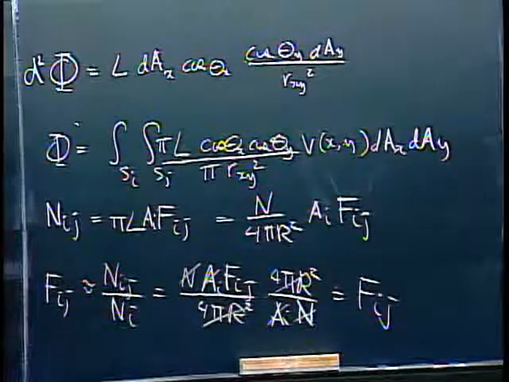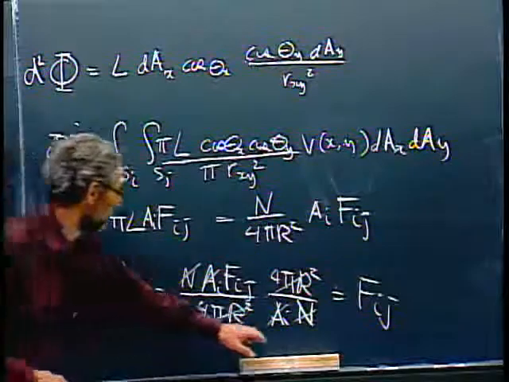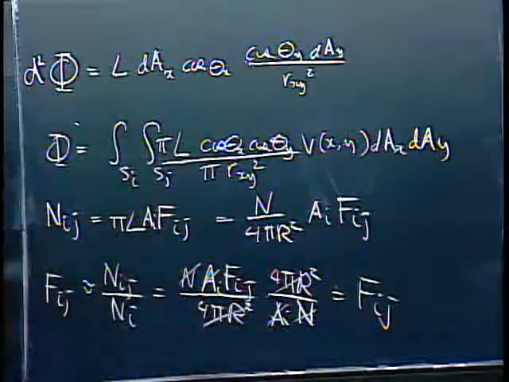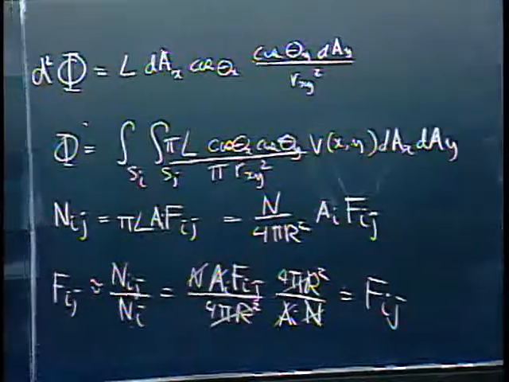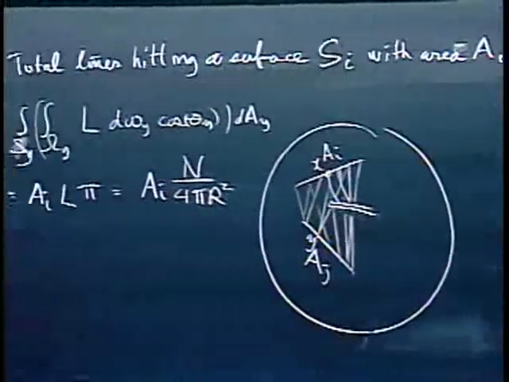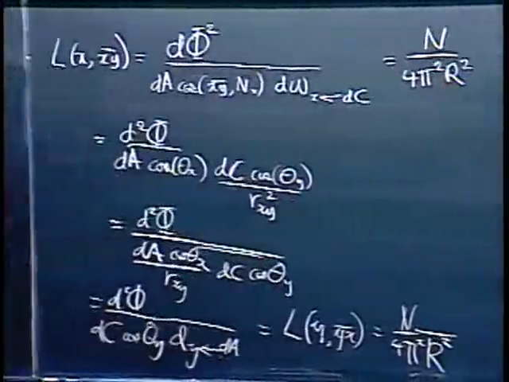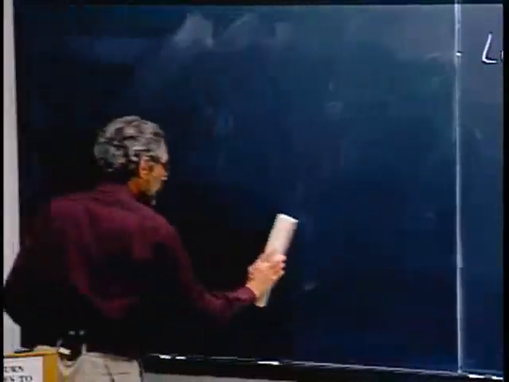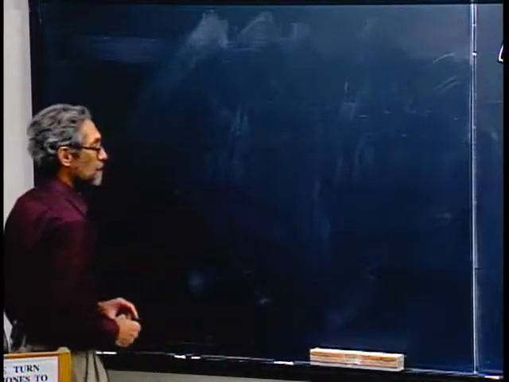That's the point. Okay, but now the scheduled topic, I guess it was even for last time, was the hemicube algorithm, which is another way of estimating form factors, but it's really going to estimate a differential form factor.